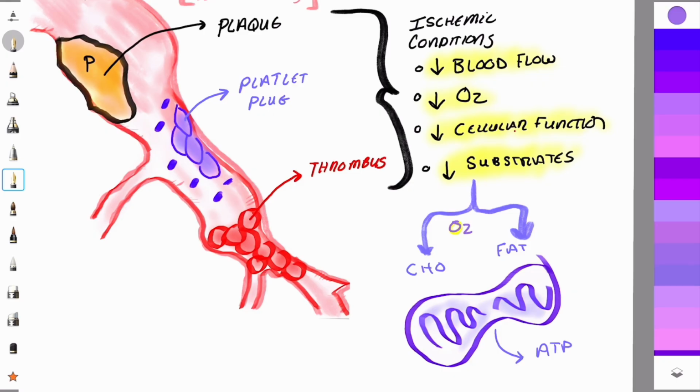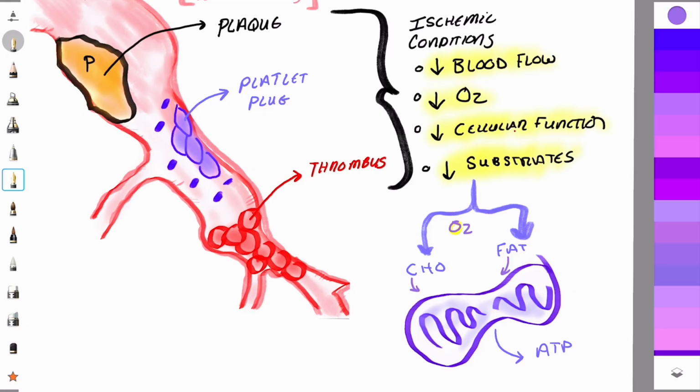They want oxygen. Well, then that means that they're going to metabolize carbohydrates oxidatively and fatty acids oxidatively. So those are their primary fuels. Those are their primary substrates, but they have to have oxygen in order to do that.